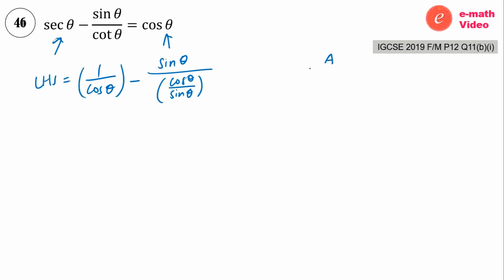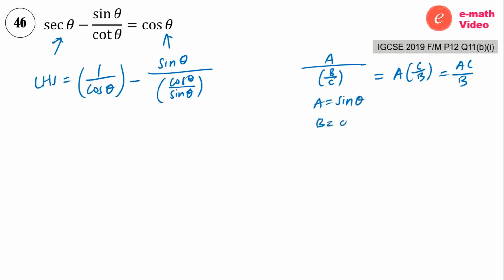If we have a divided by b over c, is actually equals to a times c over b, which is ac over b. In this case, our a is sine theta, our b is cos theta, and our c is sine theta. We end up having sine square theta on top and a cos theta below.